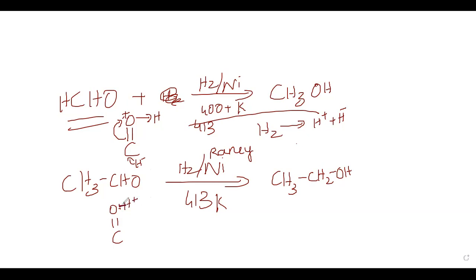Okay, now a bond is formed. Now oxygen is O plus, unstable. So carbon will have its bond shifted to the oxygen, so it will become C plus OH. Now this plus charge is satisfied by the incoming hydride ion. This is how the mechanism is proceeding.